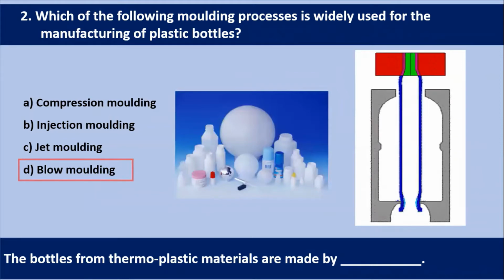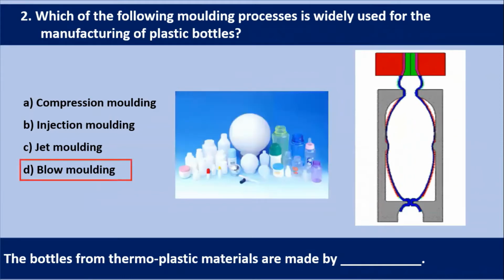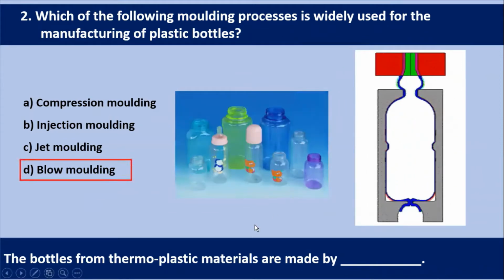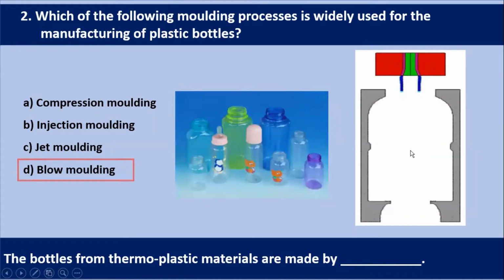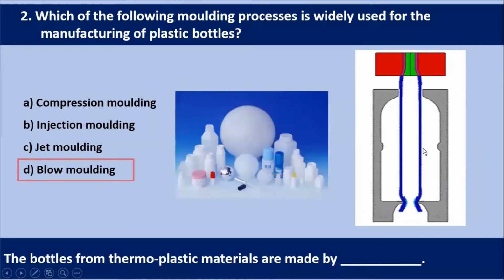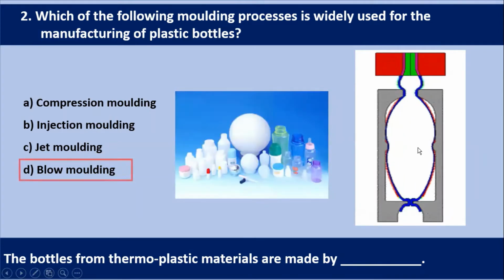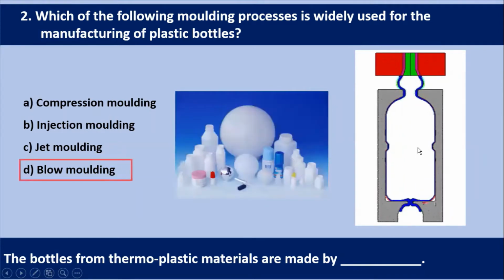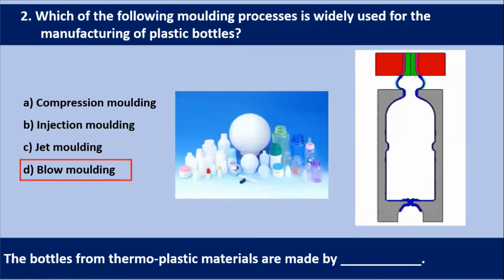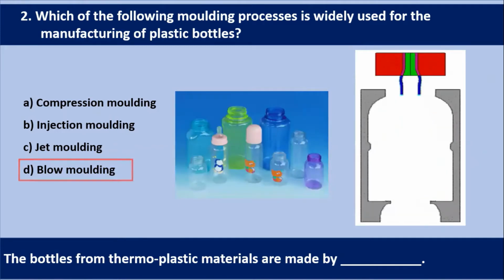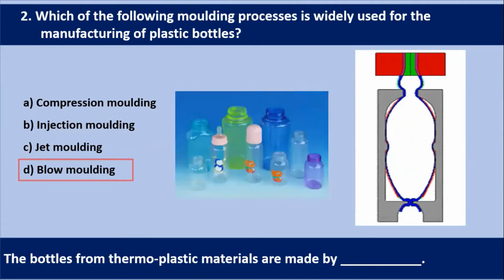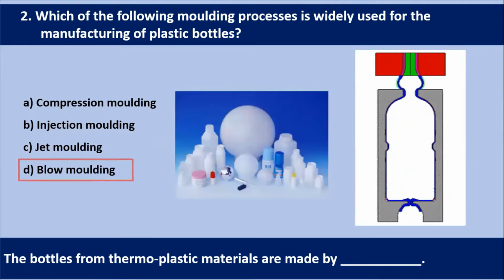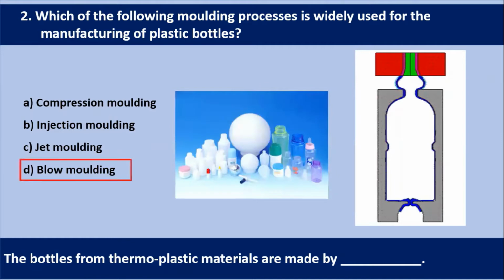In the blow molding process, a heated tube of plastic material is situated between the two halves of the mold. Then the mold is closed and air is blown at a pressure of 200 to 400 bar, which helps in expanding the tube outward to occupy the mold cavity.